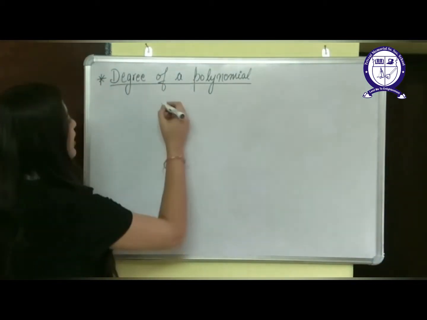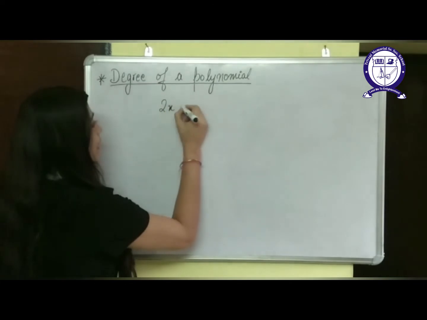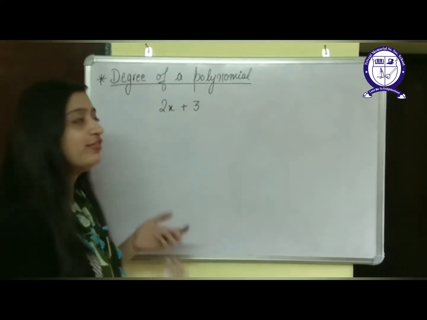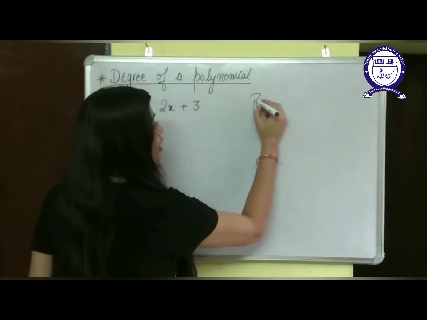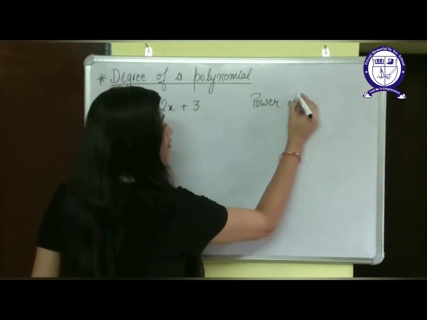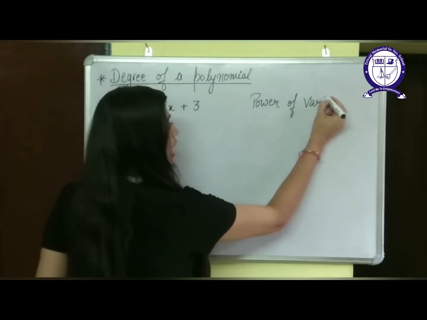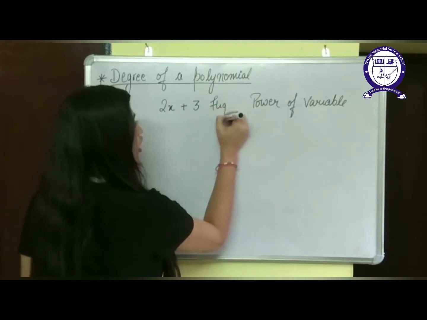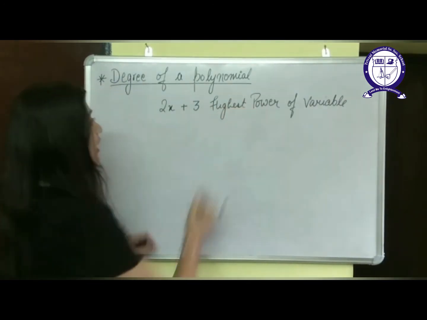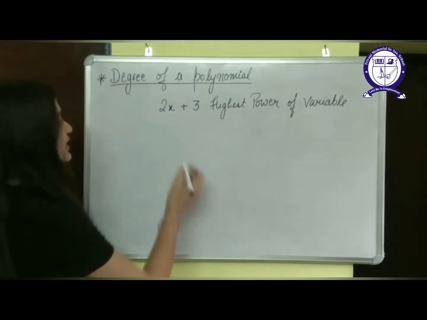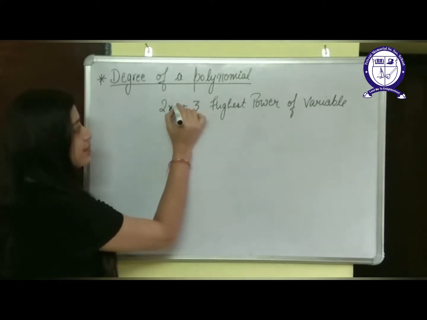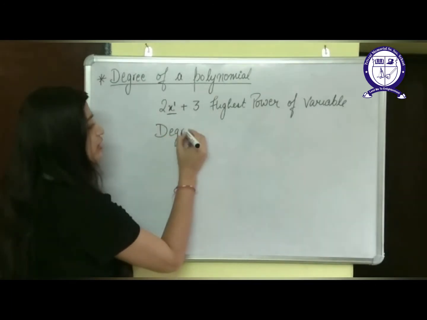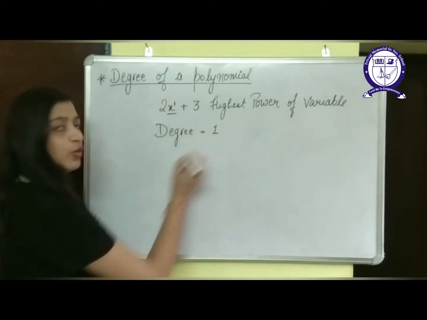Degree is the power of the variable, and it is the highest power of the variable. Like in 2x plus 1, the variable x has the power 1, so the degree of the polynomial will be 1.